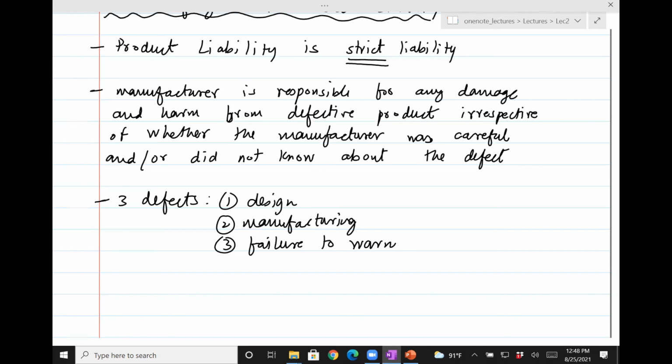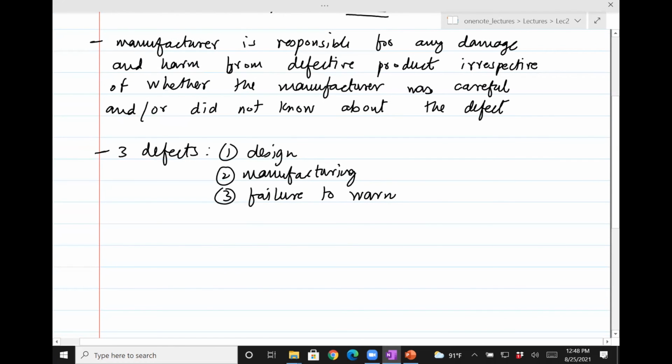So failure to warn is one of the most important things, and that's why when you open a product, you see that there will be a warning label telling you what that product can be used for and not. Okay, so in this case, if you have a lawsuit, all that the plaintiff has to prove is, one, show that the article was defective, or two, show that the article caused harm.